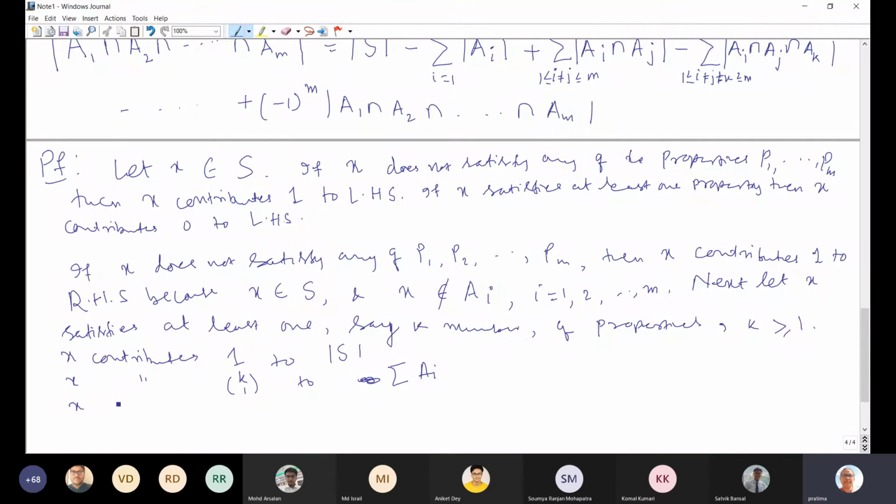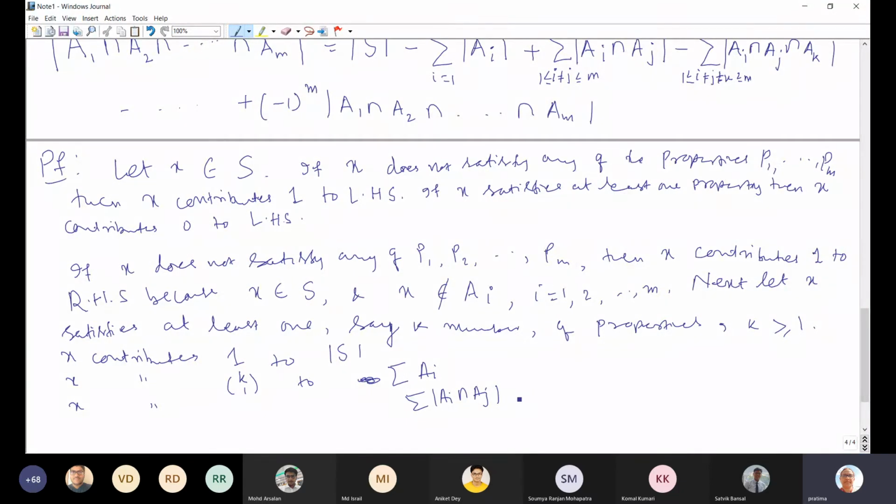Similarly, how much does x contribute to this sum of ai intersection aj? Out of these k properties, if you are selecting 2, suppose x satisfies the properties P1, P2 to Pk, say k number of properties.